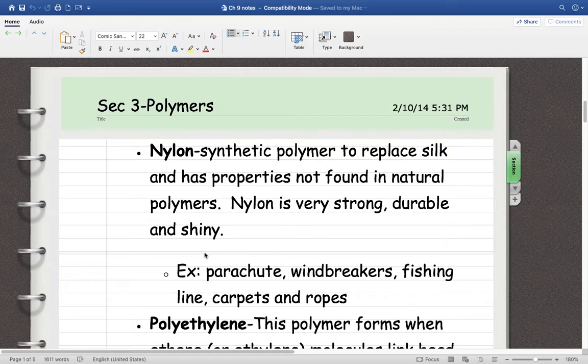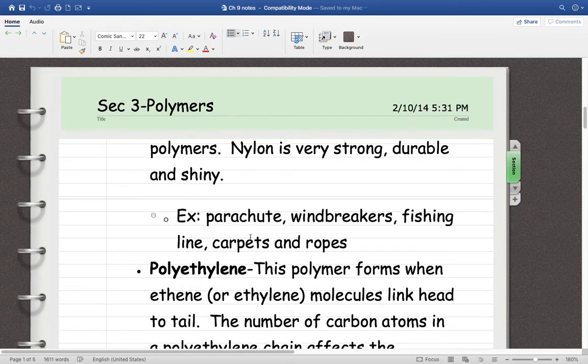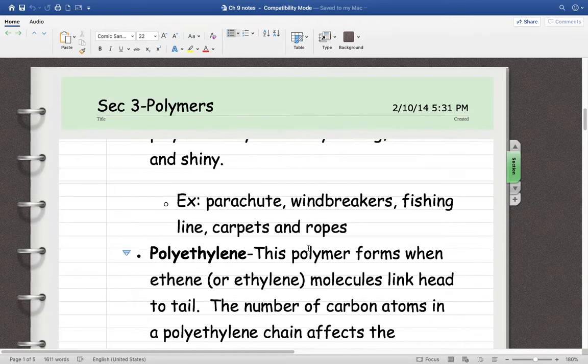My bunnies are in the background making a lot of noise. So nylon is now a synthetic version of silk, and nylon can be used for parachutes, windbreakers, fishing lines, carpets, and ropes. If you ever go to the lake, you see those yellow ropes that are kind of shiny. Those are nylon ropes, and they're very strong, durable, and shiny.